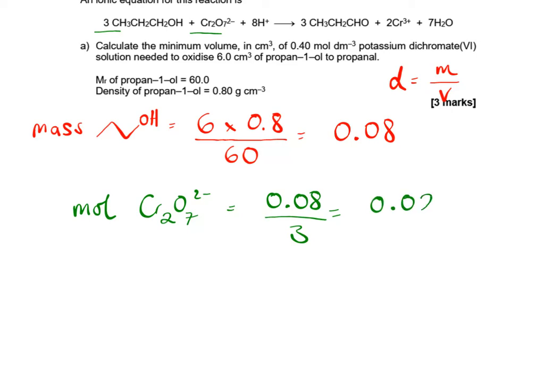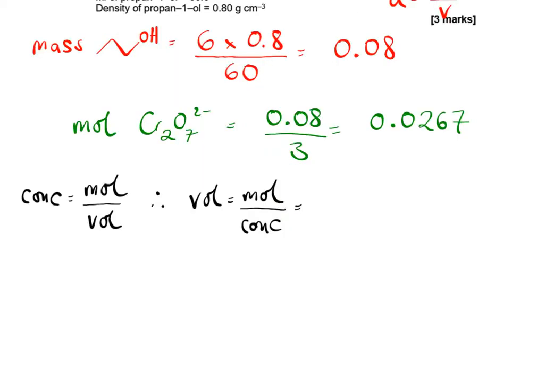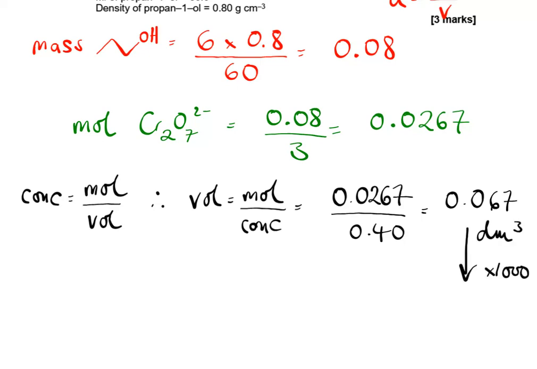And then to get the volume of the dichromate, not something that we have to do very often, just remember that concentration is moles over volume, so volume is moles over concentration, which means we've got the 0.0267 over the concentration, which was 0.4, which comes out to be 0.067. That, of course, is in decimeters cubed, so to convert into centimeters cubed, multiply through by 1,000, so we should be getting 67 centimeters cubed.